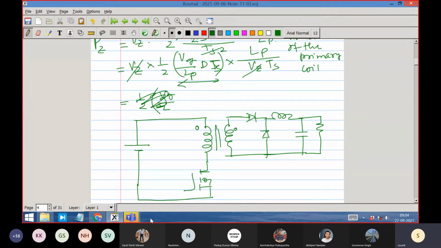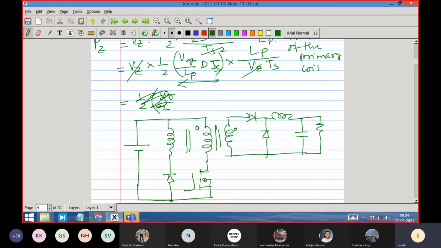Okay. But now we'll bring in another coil coupled to this. This is a tertiary coil. We call it the tertiary coil, and we'll connect it like this. This will be used for reset.